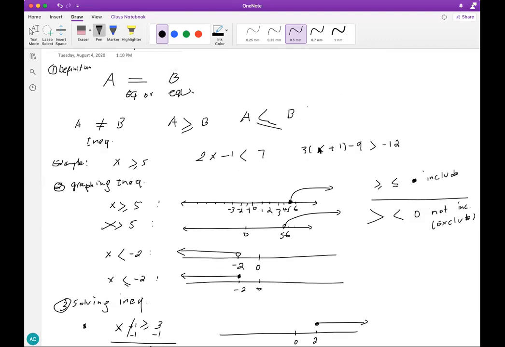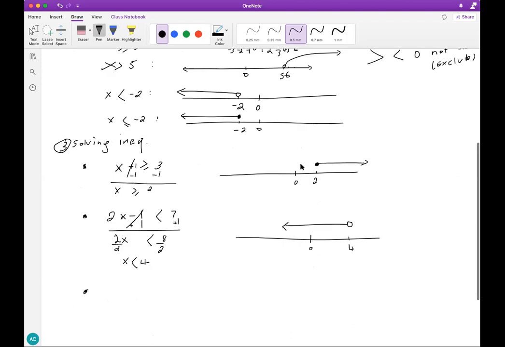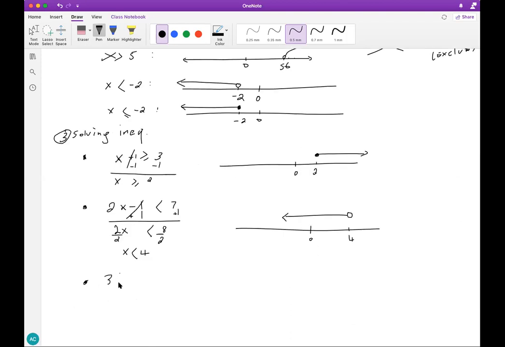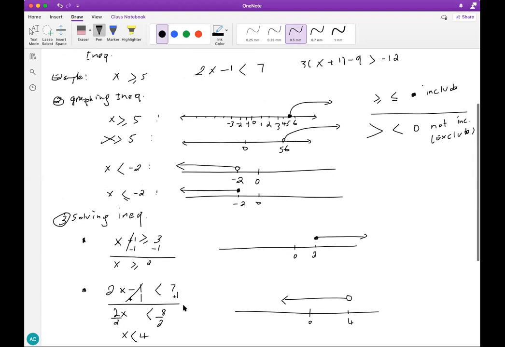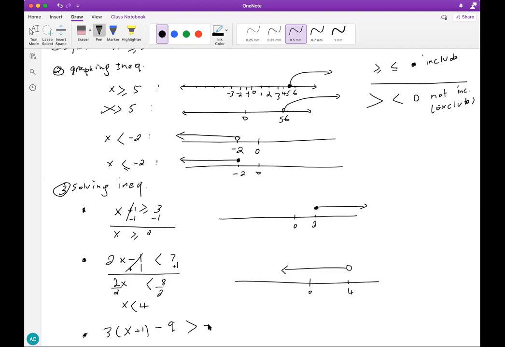Let's look at that one itself. So we're going to do 3 times the quantity x plus 1, or actually minus 9, and greater than negative 12.